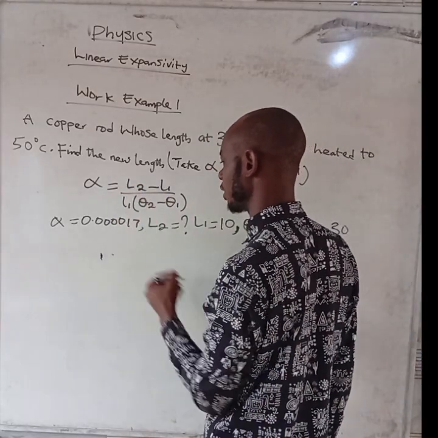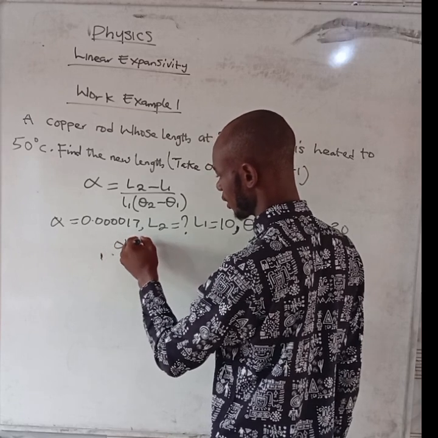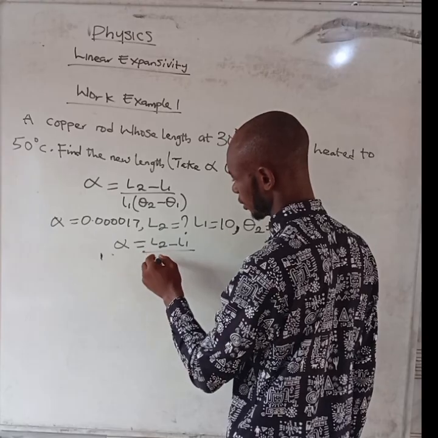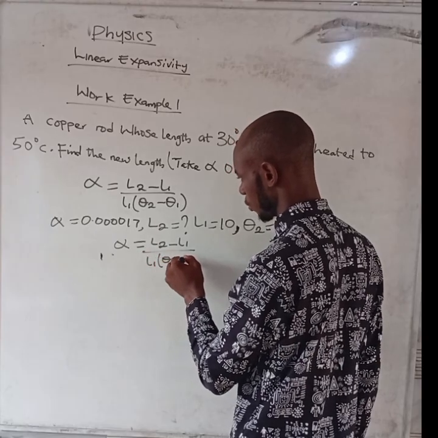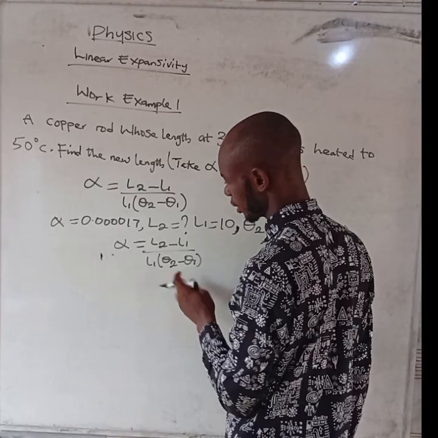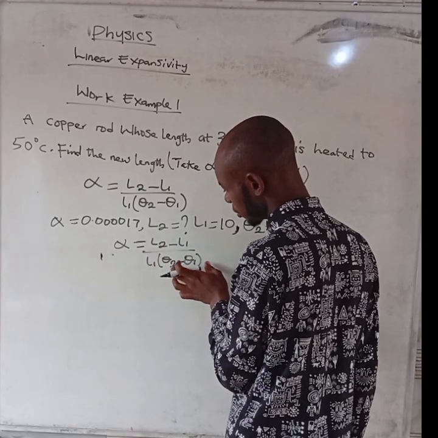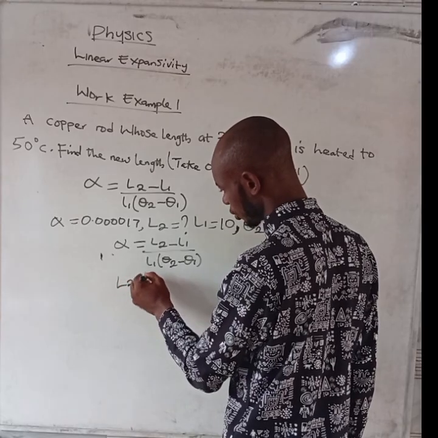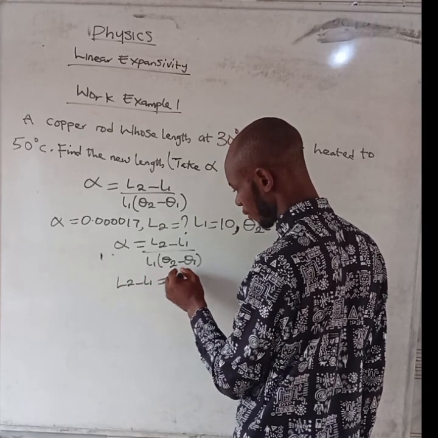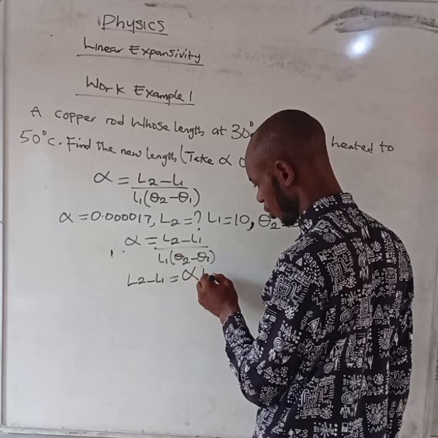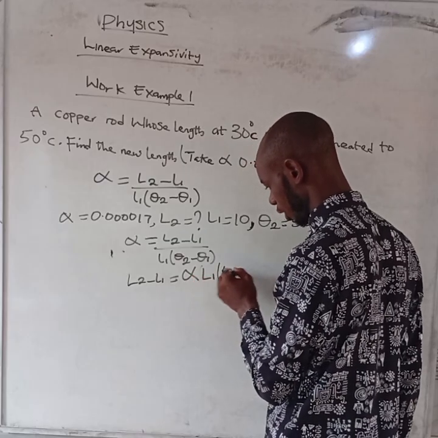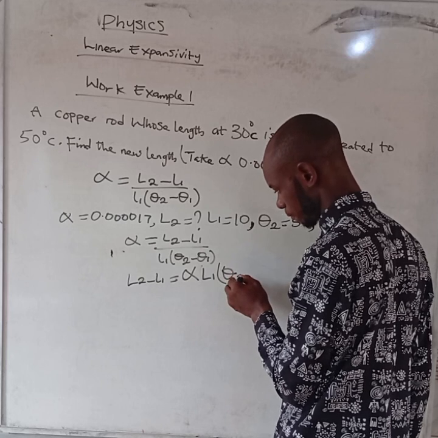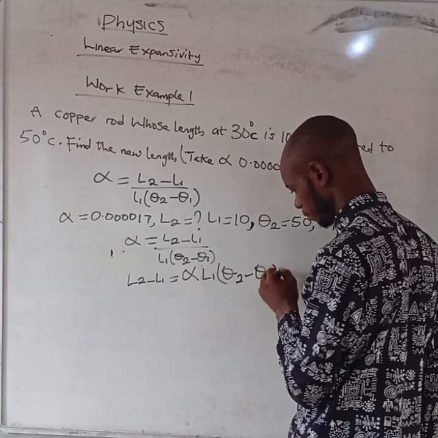To find L2, let's make it the subject of the formula. We have alpha is equal to L2 minus L1 over L1 into theta 2 minus theta 1. Multiplying across, I have L2 minus L1 is equal to alpha multiplied by L1 into theta 2 minus theta 1.